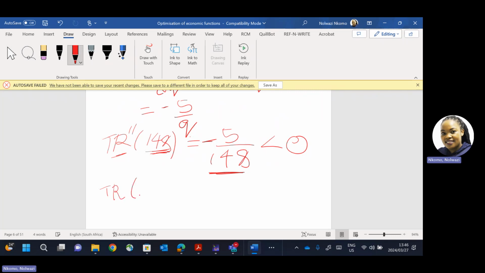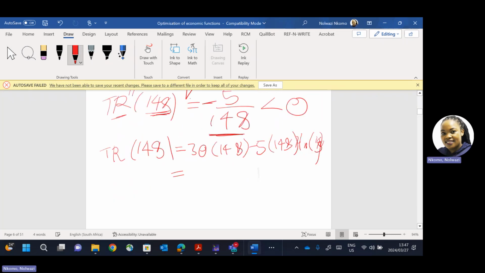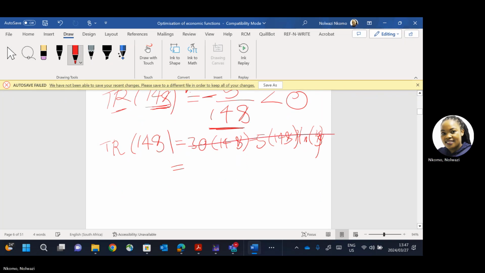So we have total revenue of 148, and that is 30 times 148 minus 5 times 148 ln of 148.